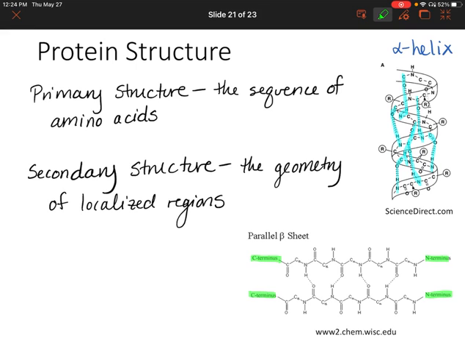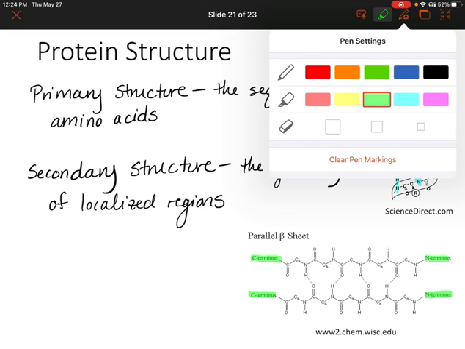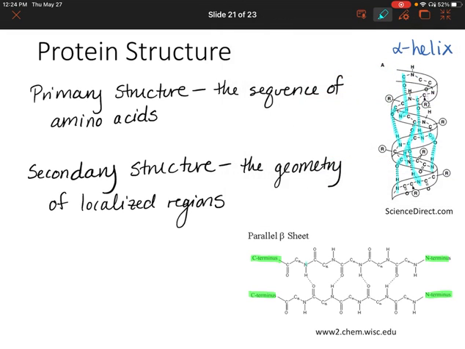But you could also flip one of those and then it would become an anti-parallel beta sheet, so one C terminus would be aligned with the other chain's N terminus. Regardless, it doesn't really matter in the long run. I'm just trying to show you that this is another structure that can form. And again, we see hydrogen bonding all along this chain here.